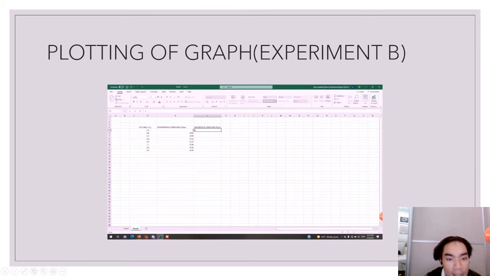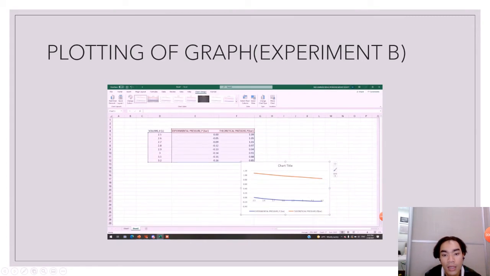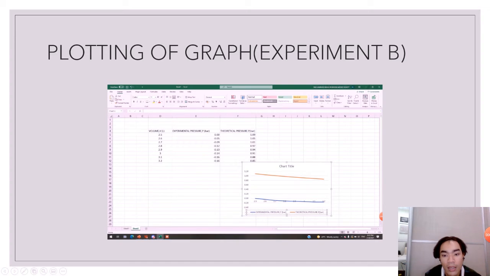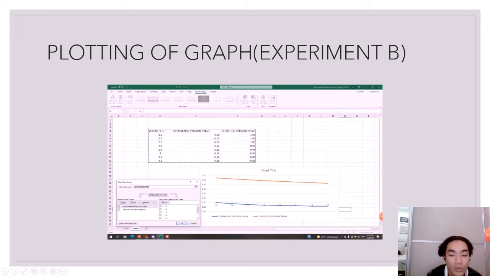What I did is there's volume, experimental pressure, and theoretical pressure, and all this data will be converted into a chart.